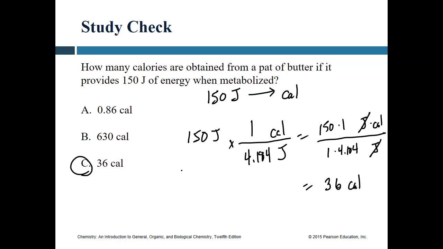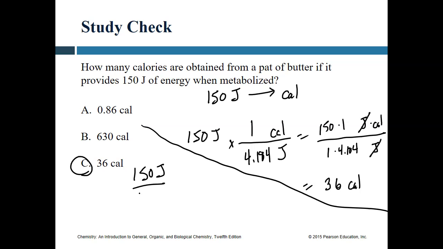And with a proportion, you've probably seen these in math. I have 150 joules that I'm trying to convert into calories. And the conversion factor says that there are 4.184 joules in every 1 calorie.